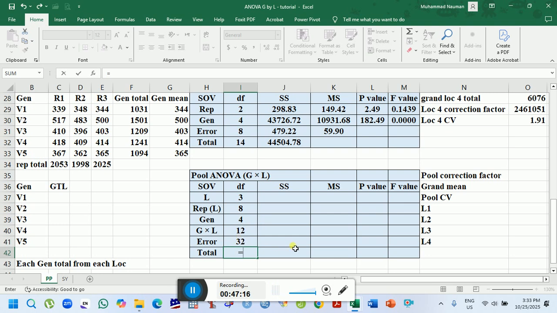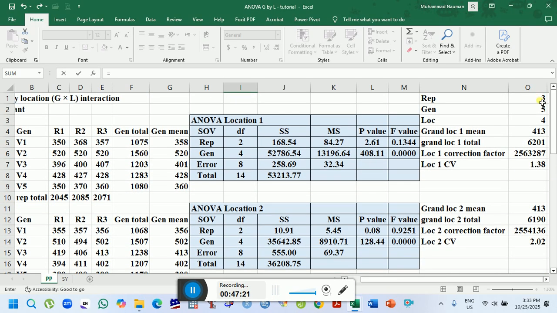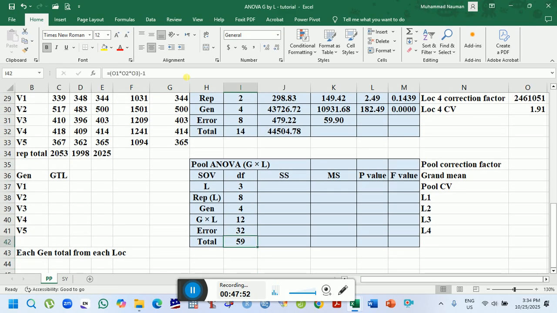So it is equal to replication multiply by genotype multiply by location minus, this whole term will be subtracted from 1. So this is the answer.